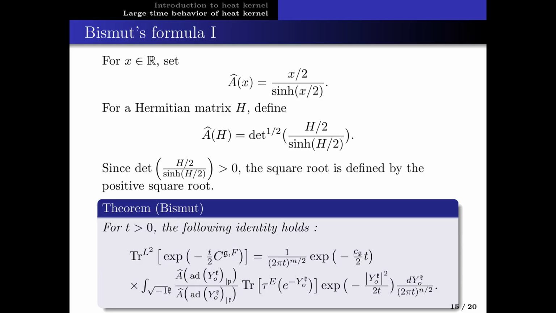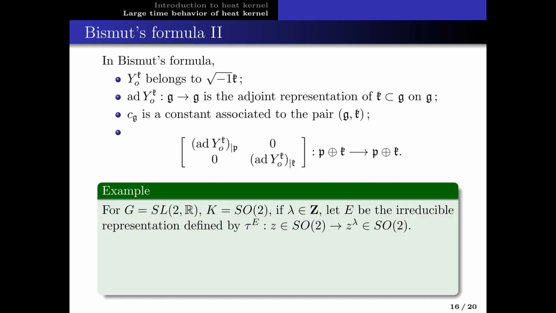Now, as I will show you, let's look at the example of SL2R. For SL2R, we can consider this weight. This one is associated to a representation of the circle. We know that representations of the circle are all parameterized by an integer, so just a natural number we can associate to this irreducible representation of SL2.